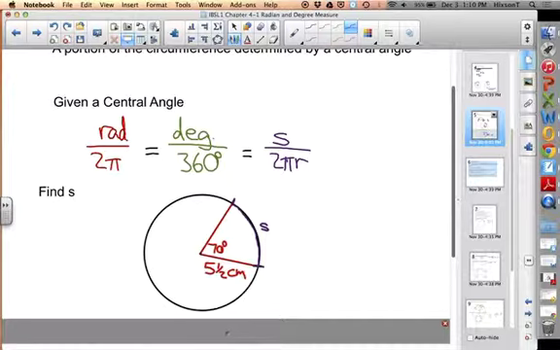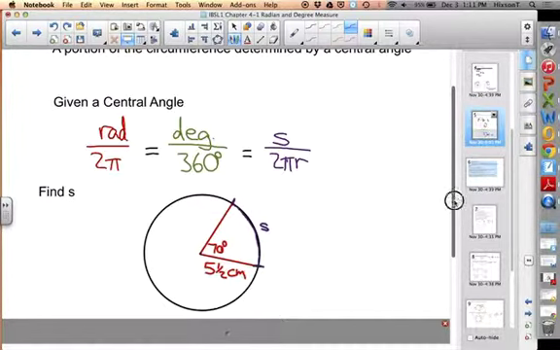And what's 2 pi r? The circumference. So whatever fraction of the full rotation our central angle is, our arc length will be that same fraction of the entire circumference.